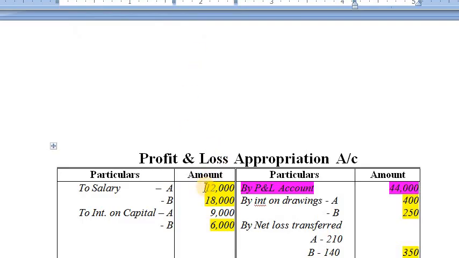Partner salary. A's salary, you remember, A is getting 12, B is getting 18. So that is done. And interest on drawings. A is to pay interest for 8,000, flat rate of 5%.